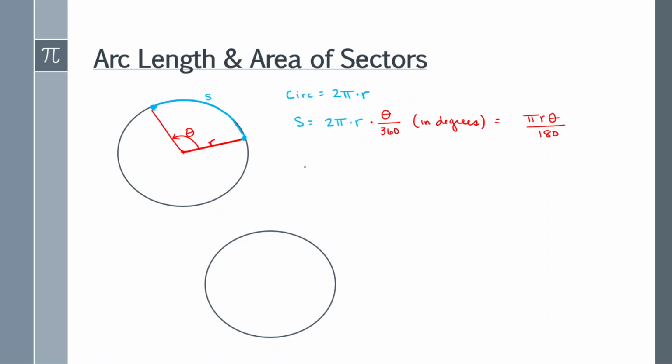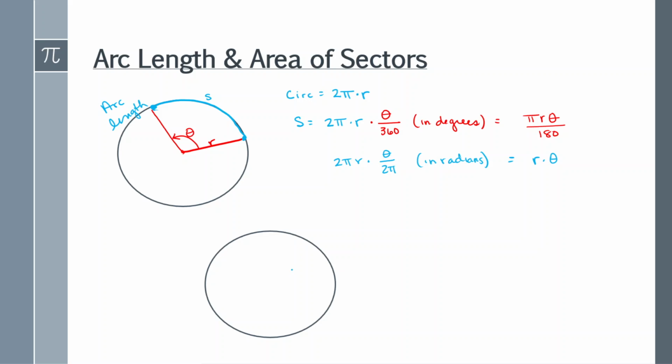Or if we are in radians, we'll have 2 pi r times theta over 2 pi if we're in radians. And so that's going to equal just r times theta. Okay. So this is arc length.